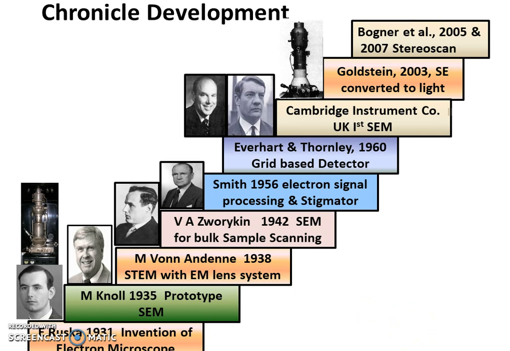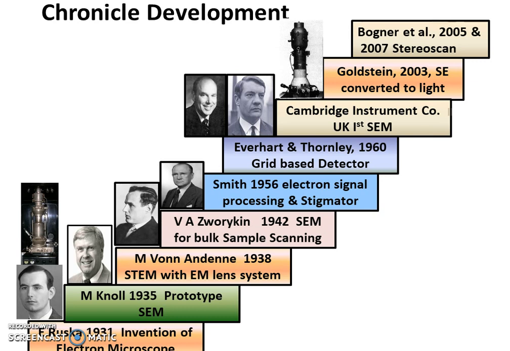After this invention, the application of SEM was enhanced drastically. In 1966, Cambridge Instrument Company of the UK along with JEOL of Japan presented the first commercial model of scanning electron microscope. In 2003, Goldstein presented that scattered electrons can be converted into the form of light.